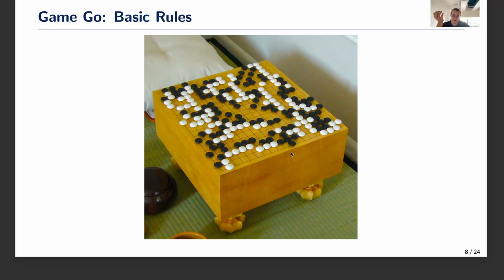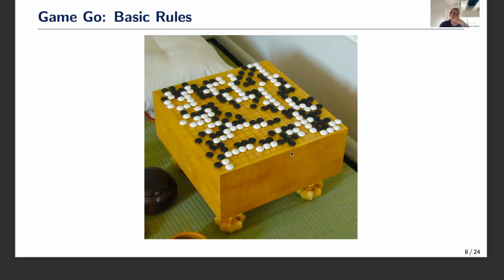What is Go? Go is an ancient board game invented in China 2,000 or 3,000 years ago. It's one of the oldest games still played today, and also one of the deepest and most complex games in terms of strategy.